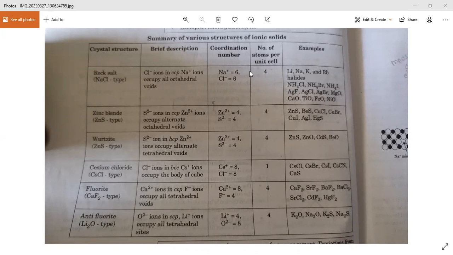If you see the previous questions also, they'll ask like, what is the coordination number of Na plus ion in the rock salt structure?